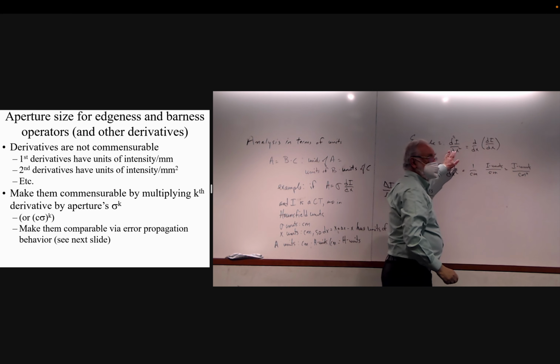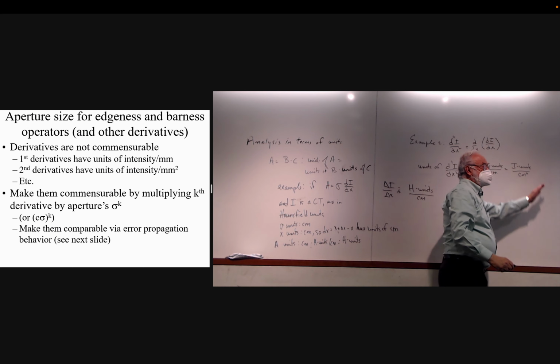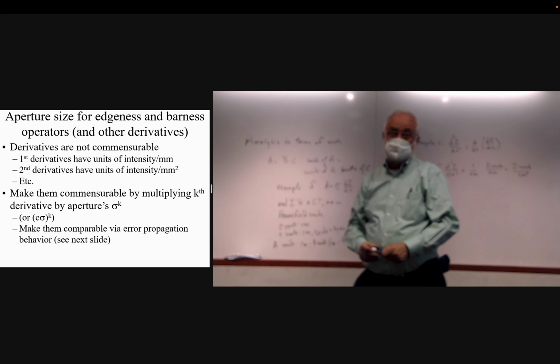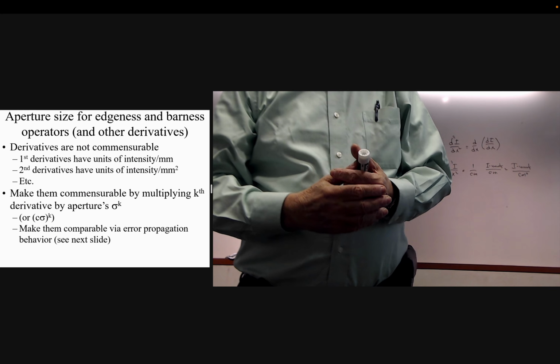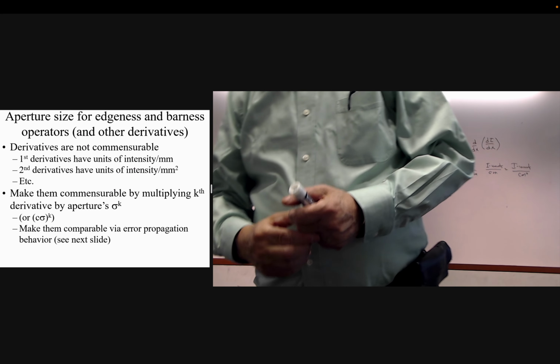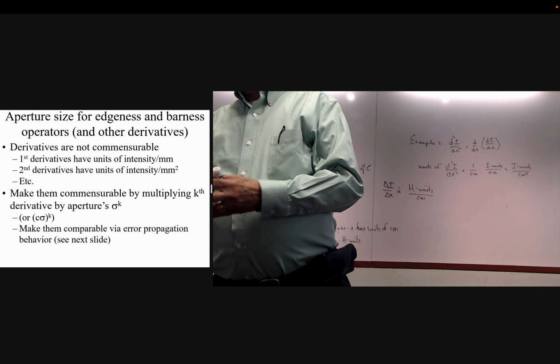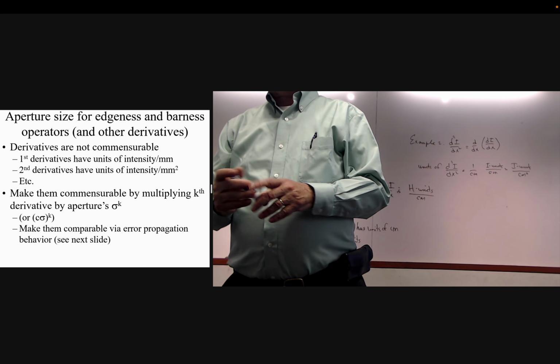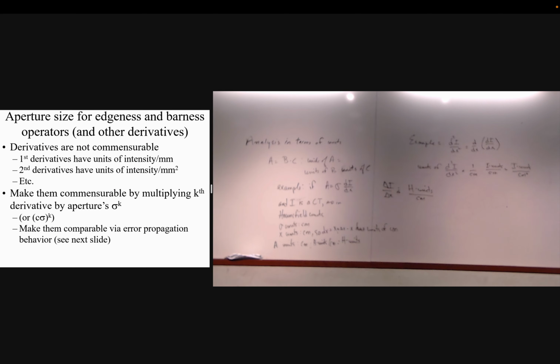And so a second derivative has units of intensity units per centimeter squared. Right? The main thing you need to learn here is that this unit analysis is useful, and it's important because when we're going to think about, for example, the effect of noise at some scale, we're going to have to be mindful of what the units are in question.